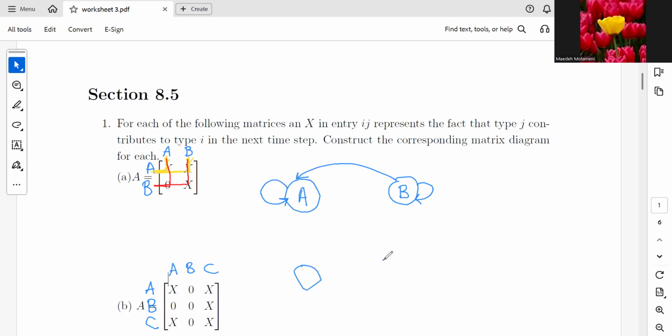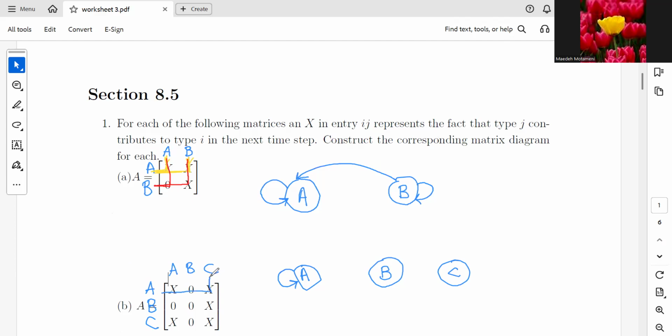So we need to have 3 circles, one of them A, the other one B, and the other one C. Starting from here, when we have a connection between A and A, there will be an arrow from A to A. We will have a connection from B to A? The answer is no, we don't have any connections here because we have 0, not X.